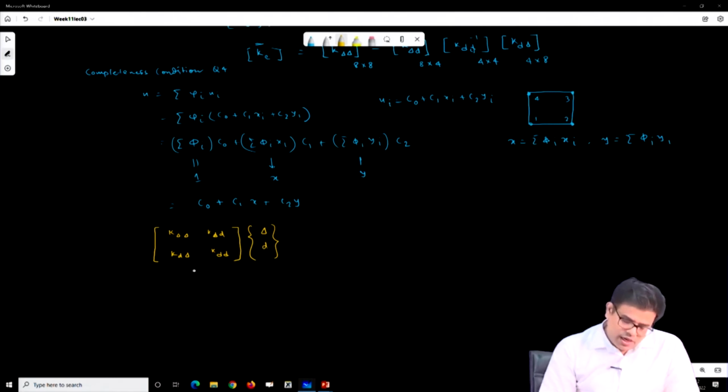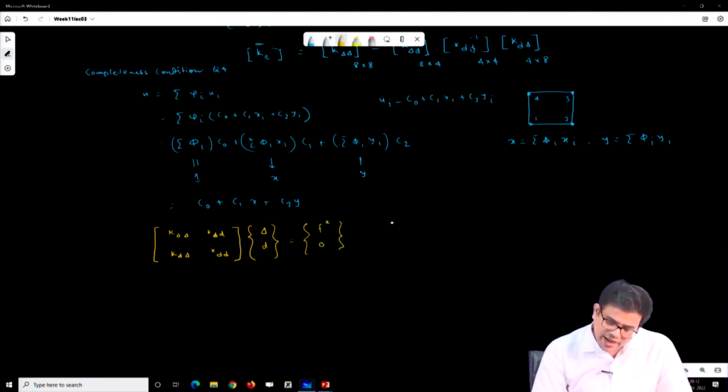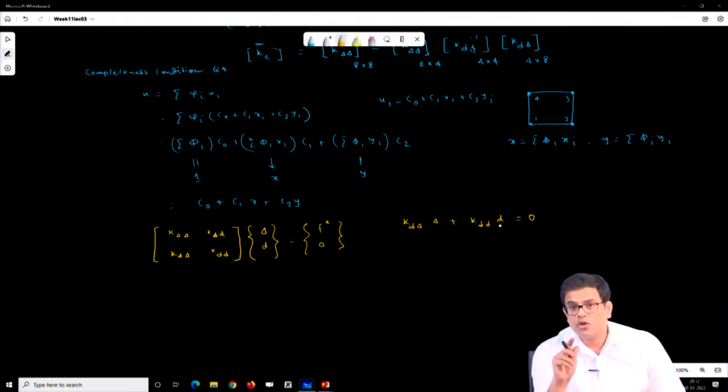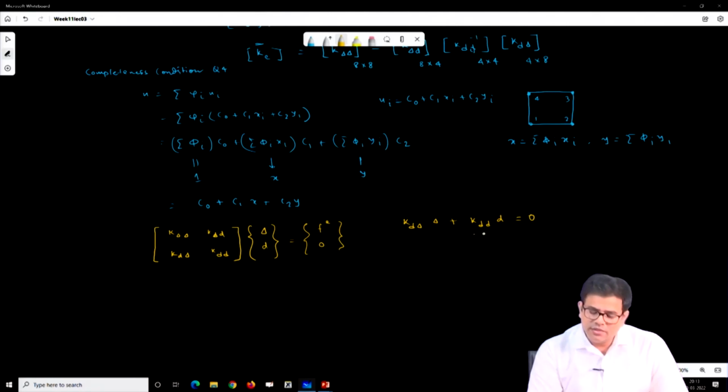So from the second equation, with Fe and 0, K D delta into delta plus KDD into d should be 0. What Taylor argued is that if I apply this linear displacement field to the incompatible element, then these d modes or d coefficients should not be activated. So this quantity must be 0.